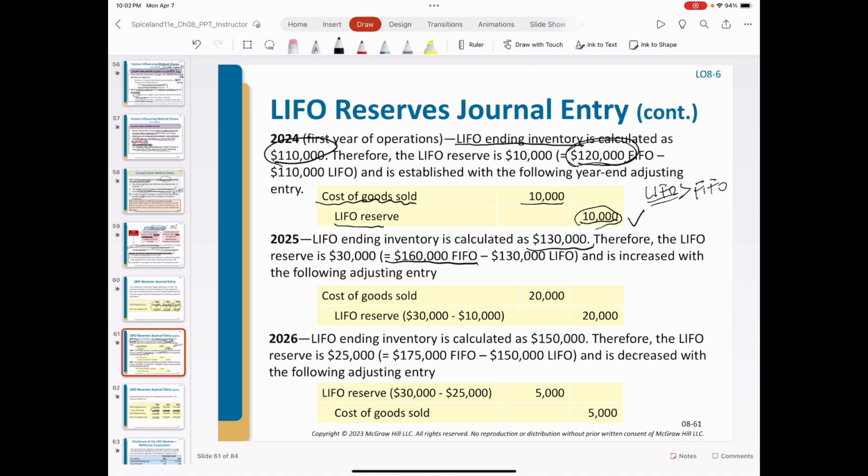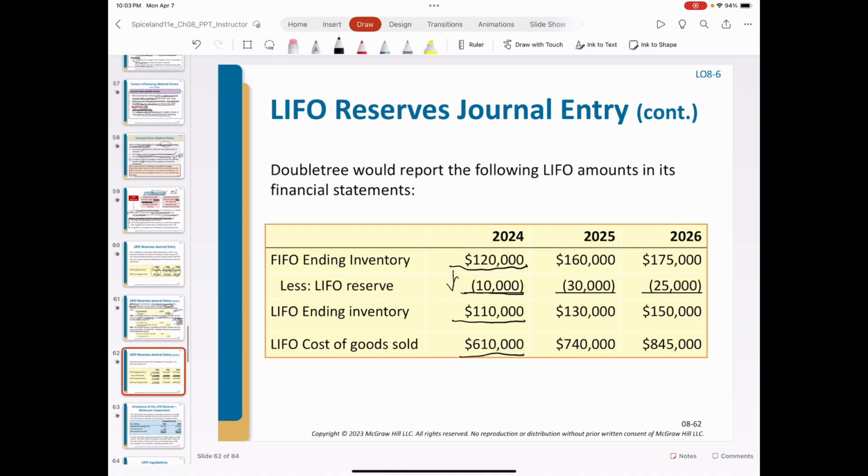Then we can change the balance of the LIFO reserve to 30,000. This is the LIFO reserve account. It was 10,000, and this determines the ending balance of this control account, 30. So the adjustment is 20,000. So we debit cost of goods sold 20,000 and credit LIFO reserve 20,000.